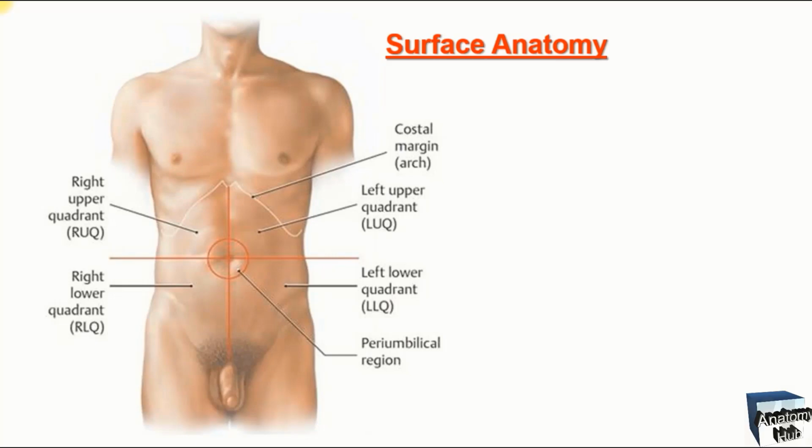So in order to describe the location of the abdominal viscera, we divide the abdomen into four quadrants or 9 regions, right? So here you'll see the four quadrants, that is a vertical line and a transverse line. So we'll take the reference using the vertical reference line and the standard transverse plane, you can say.